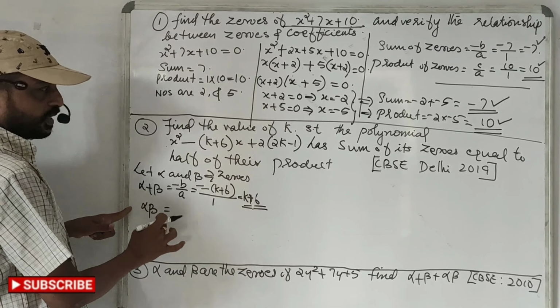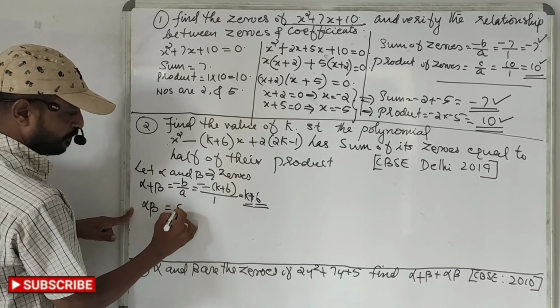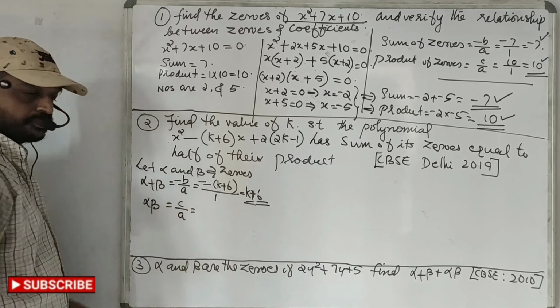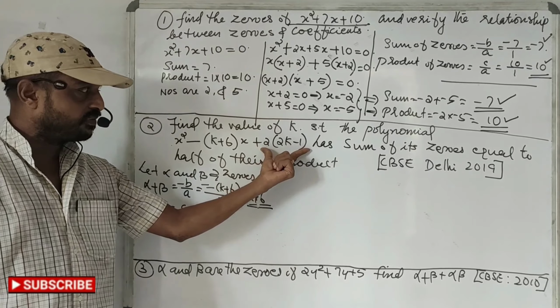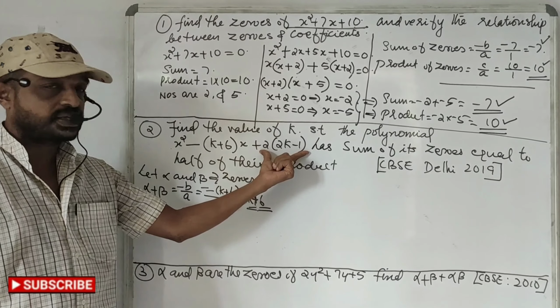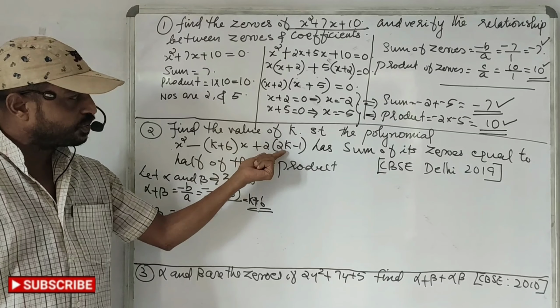What is product of the zeros? Product of the zeros alpha into beta is c by a. You know that this is c by a. What is c? C is the constant term. Constant term means the term independent of x. And what is the term independent of x here? The term independent of x is the last term, which is plus 2 into 2k minus 1.